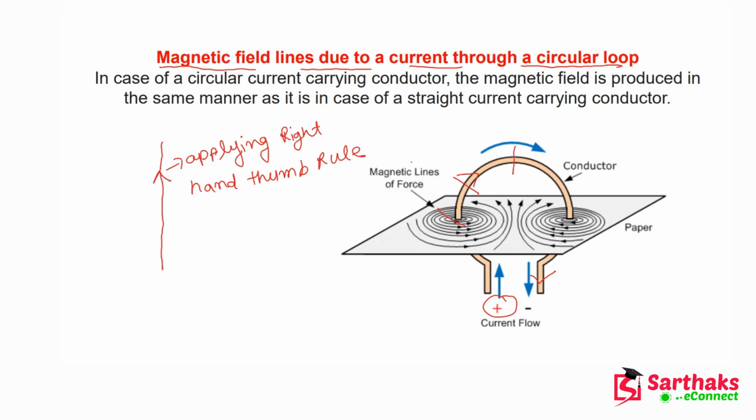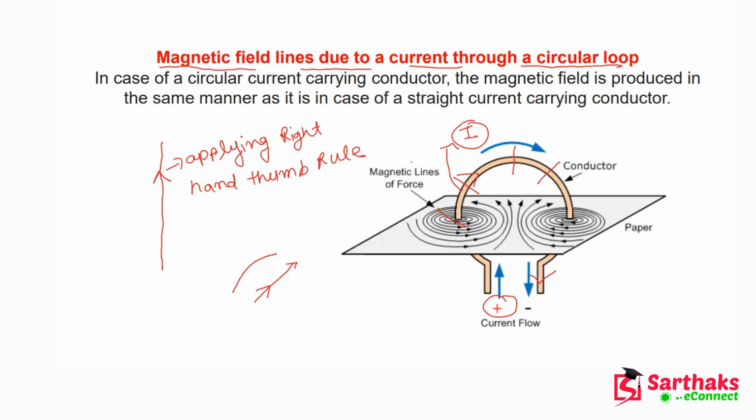Let's suppose we break it in some parts. Now this is the first part, and let me find out the direction in this part. So let's take it out here. Now guys, you can see this part is appearing like a straight conductor, and current is going in this direction.